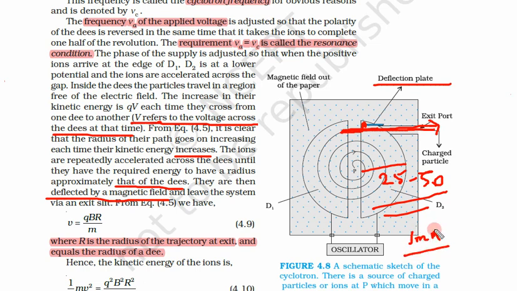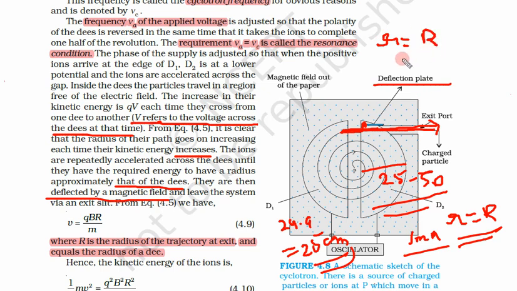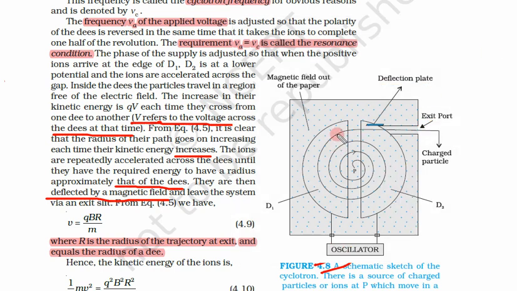So we can always say that the radius of revolution is equal to the radius of the D. If at 25 centimeter we reduce this 1 millimeter, that is 24.9, which is nearly equal to 25 centimeter. So that's why we always say the radius of revolution is nearly equal to the radius of the D. So at last, once their radius is so large, they are deflected by this deflection plate and exit from this slit.